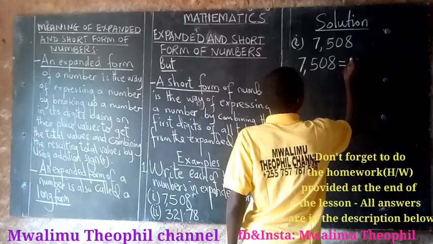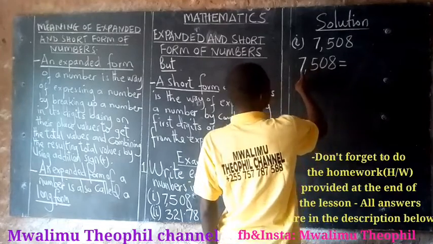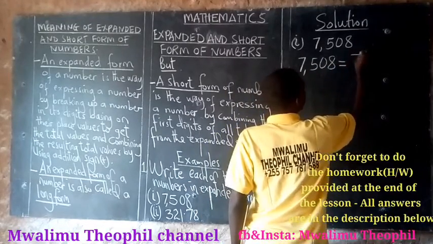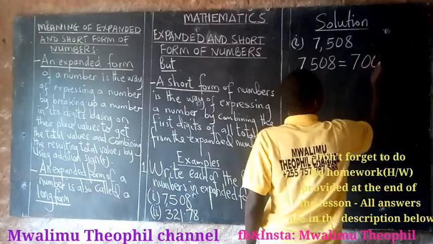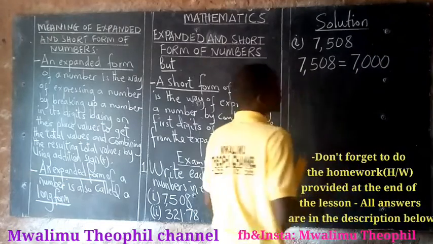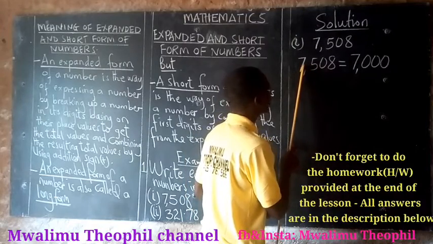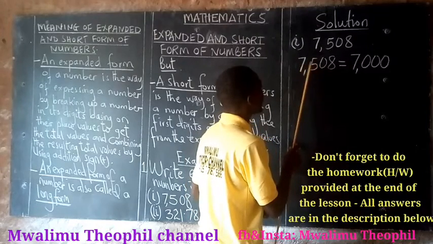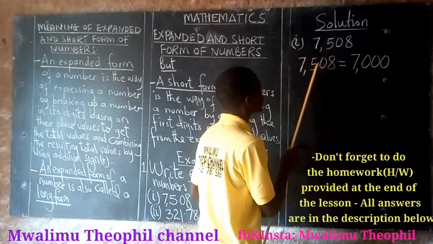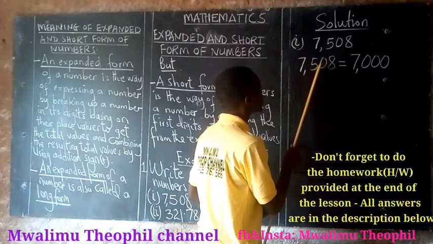7,508 is equal to, you write the total value of 7, which will be 7,000. As you remember, I told you that when you write a total value, you take the particular digit and you count the number of digits after it. So we have 1, 2, 3. So this becomes the number of zeros: 1, 2, 3.